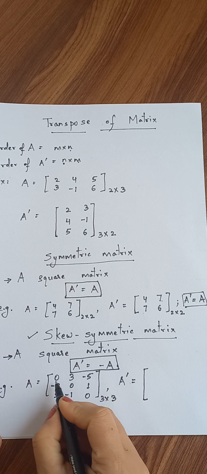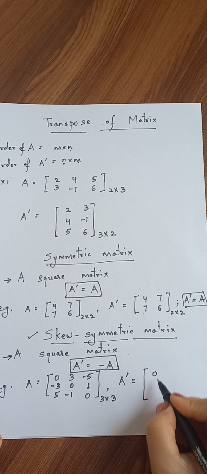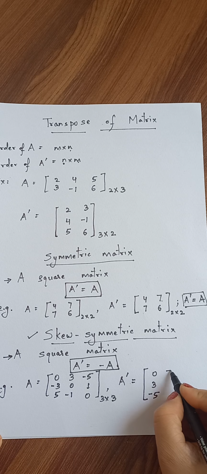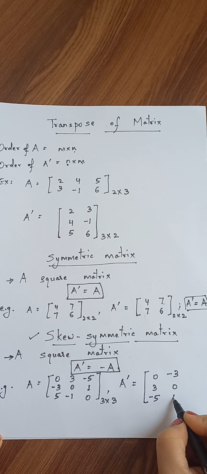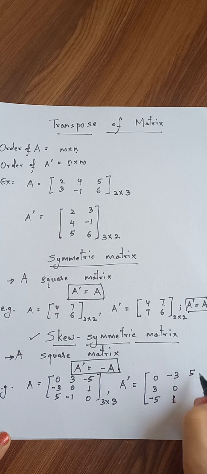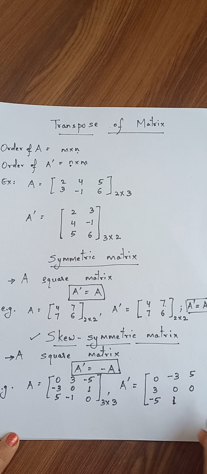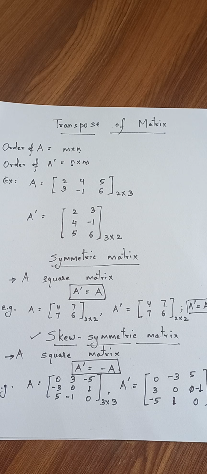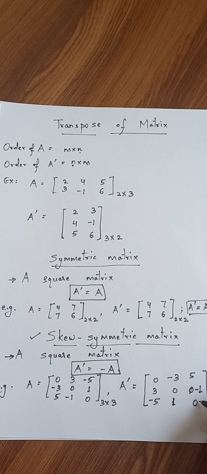So for the transpose, this row gets converted to the first column, the second row gets converted to the second column, and the third row gets converted to the third column.